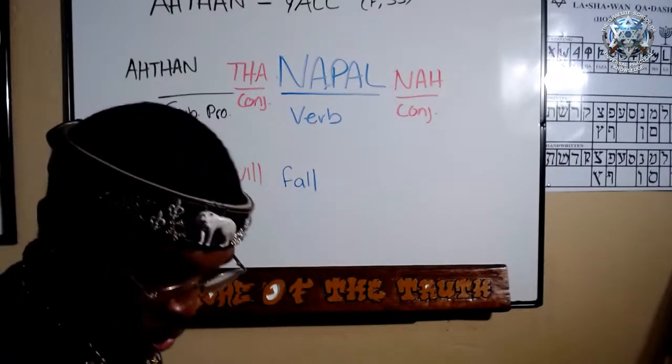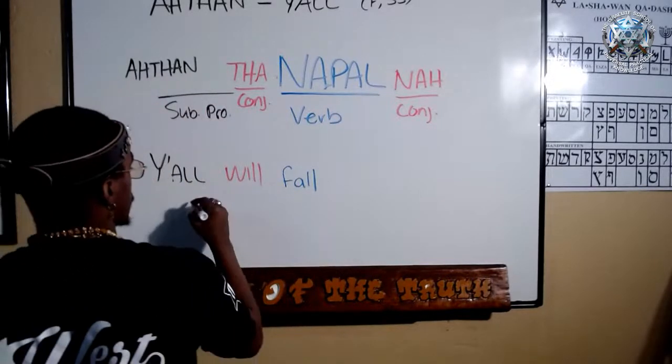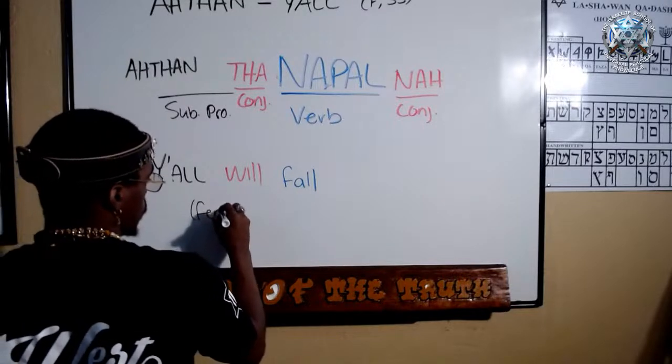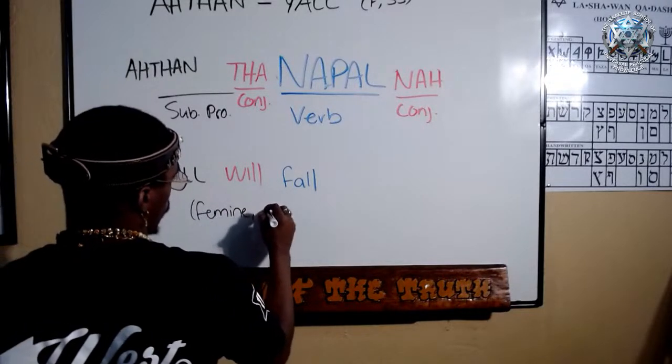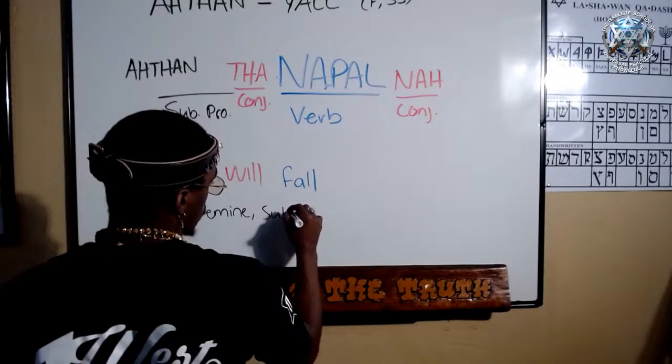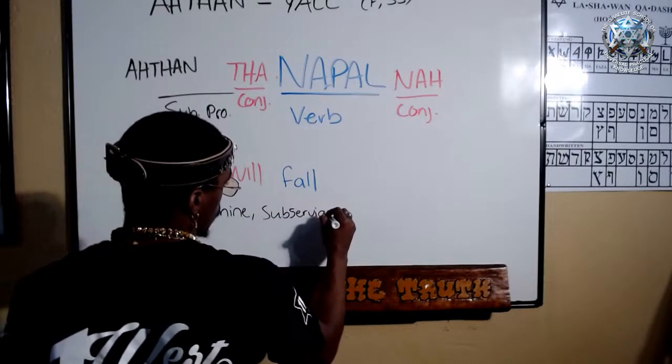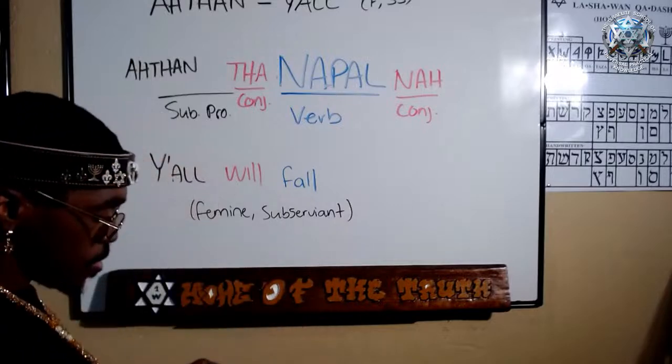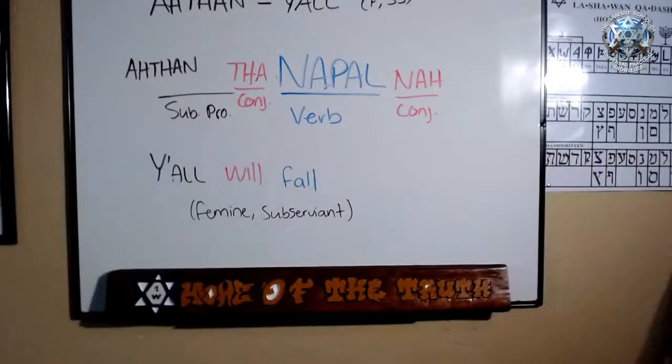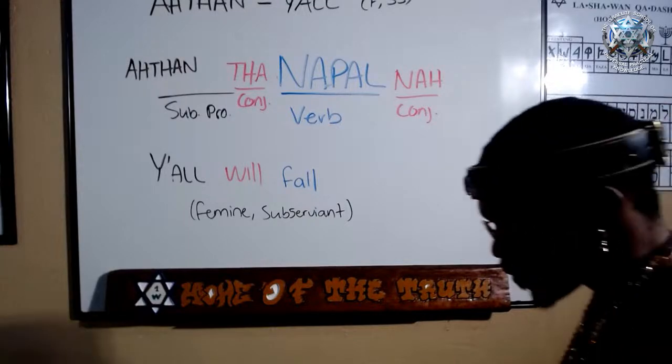But this is feminine or subservient. Okay? So "atem tha napal wa" is y'all will fall, masculine. And "aten tha napal na" is y'all will fall, feminine, subservient.